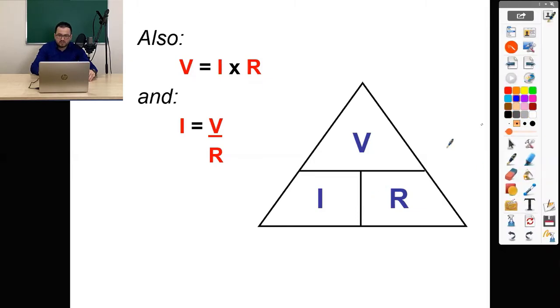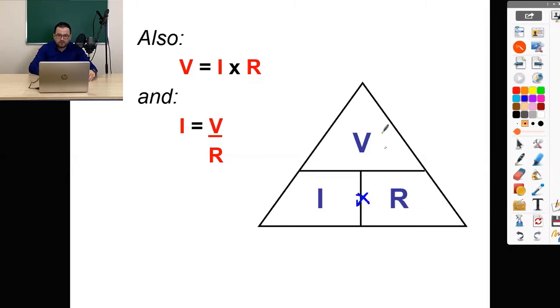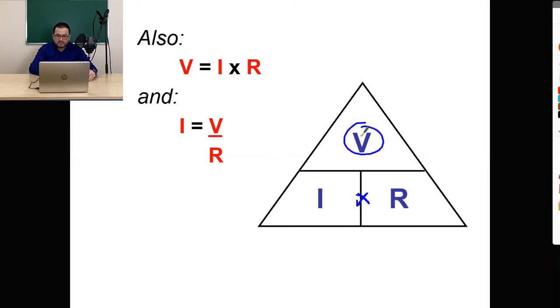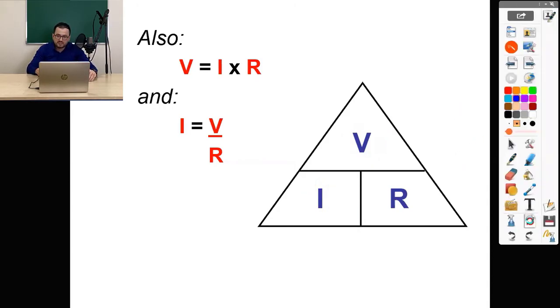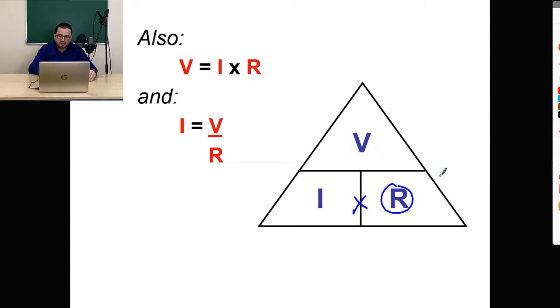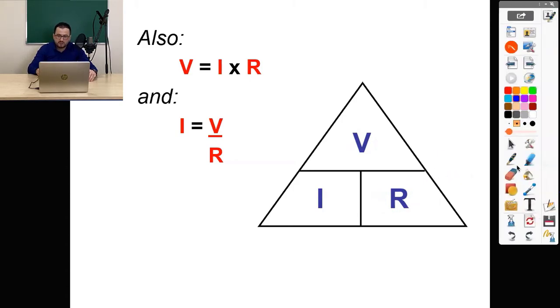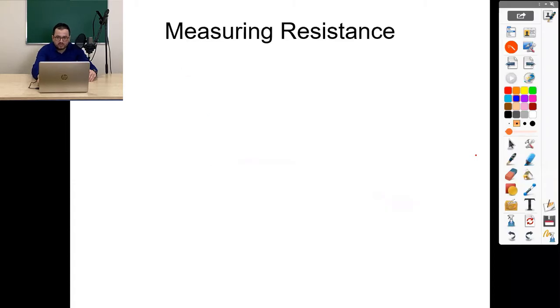If you want to find V, do not look at V, or put your hand above V. So V equals current times resistance. If you want to find current, put your hand above current, and current equals voltage divided by resistance. If you want to find resistance, put your hand above R, and resistance equals voltage divided by current.